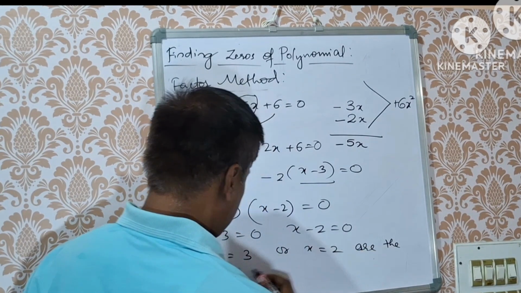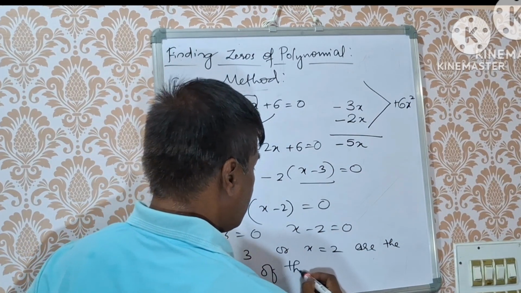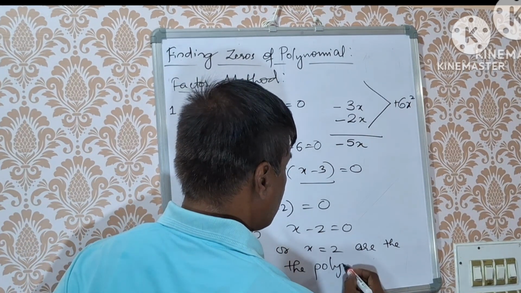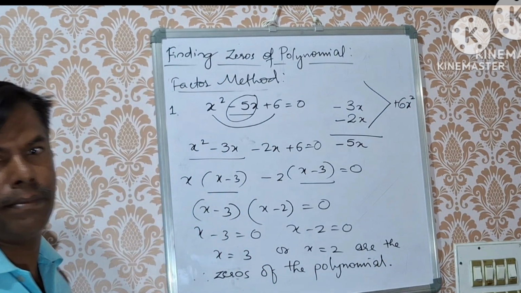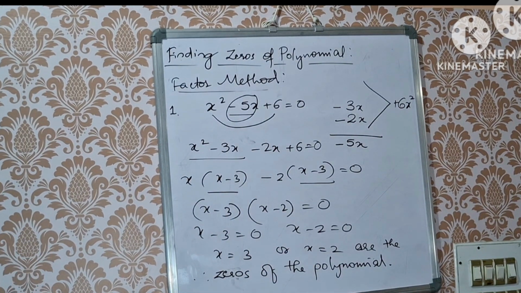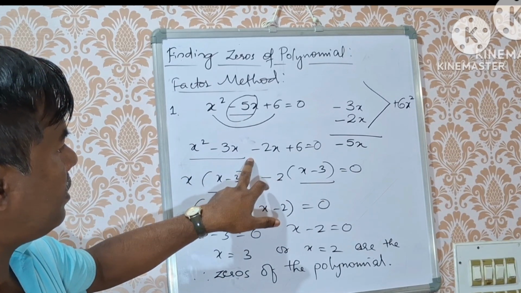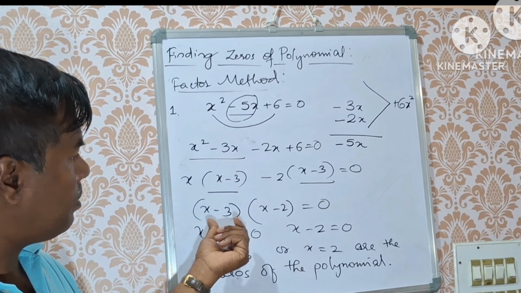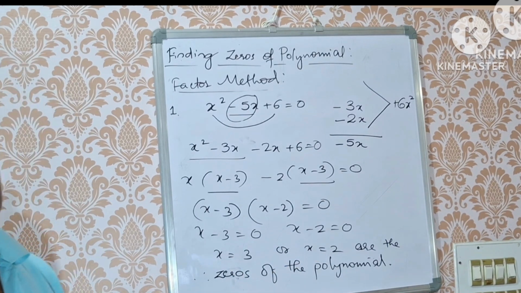How is this done? Resolve the middle term, take the common term on both sides, and solve for the value of x.